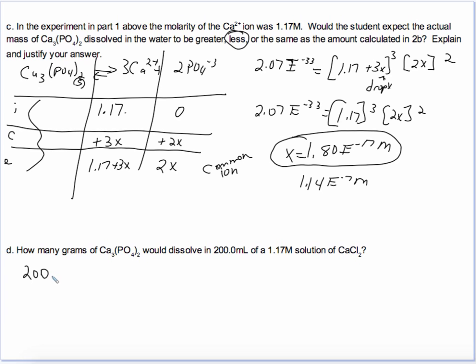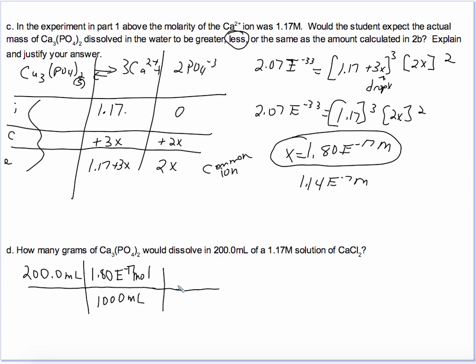Then this question is kind of the same as the last one, except you have to use a different molar solubility. How much would dissolve in 200 milliliters of water? So we have 200 milliliters, and the molarity is e to the minus 17 moles over 1,000 milliliters.